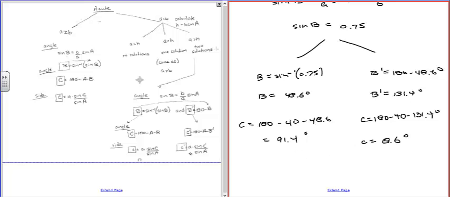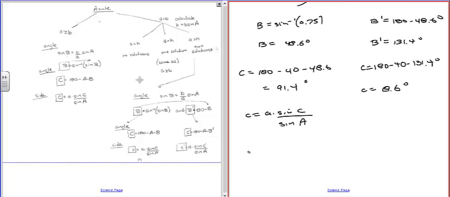And then finally you find side C, so you take side A times the sine of angle C divided by the sine of angle A. So we're using the law of sines now.